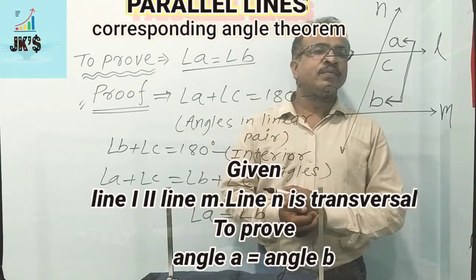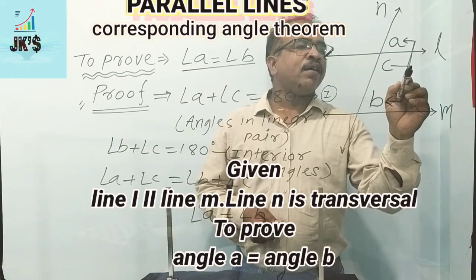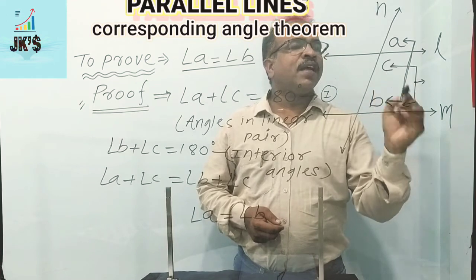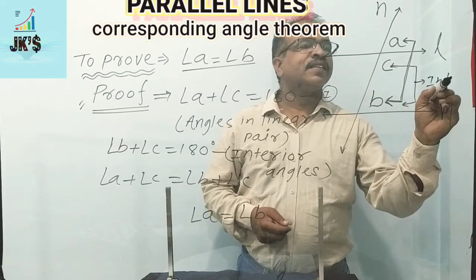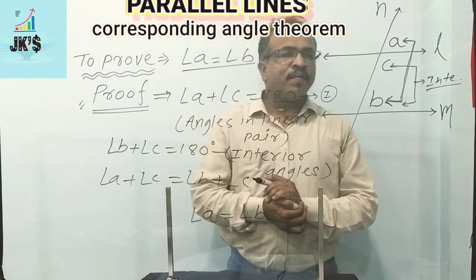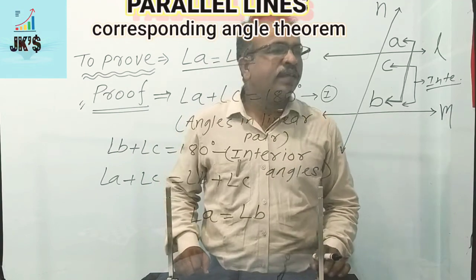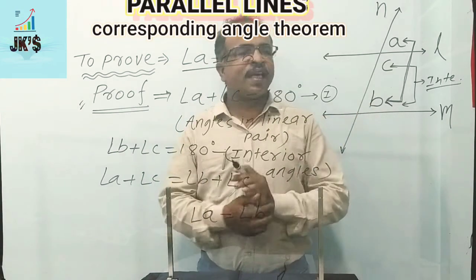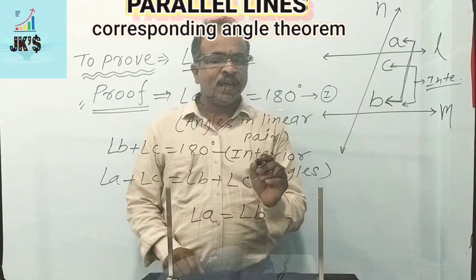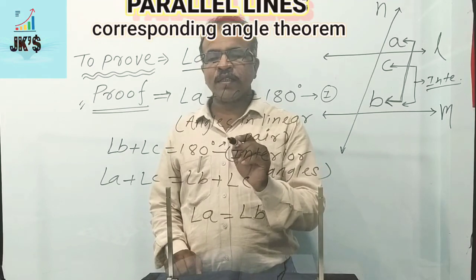Now angle C and angle B are interior angles. From the last theorem, the pair of interior angles is supplementary. Means angle C plus angle B equals 180. Suppose this is statement second.